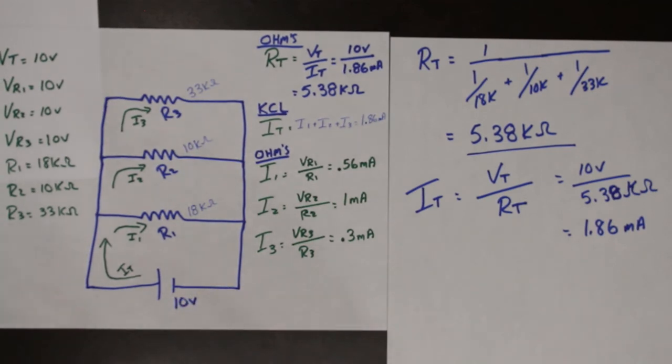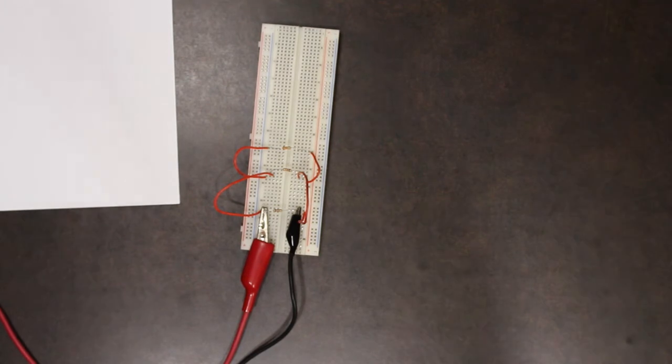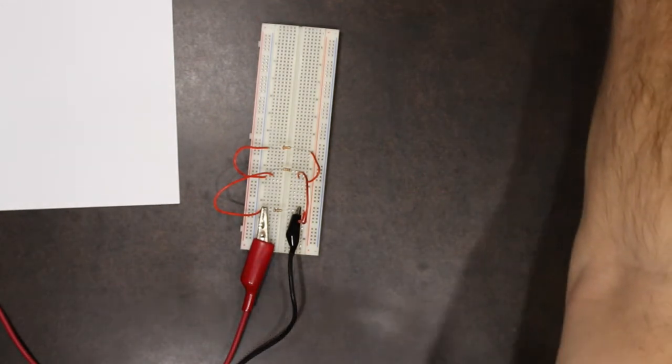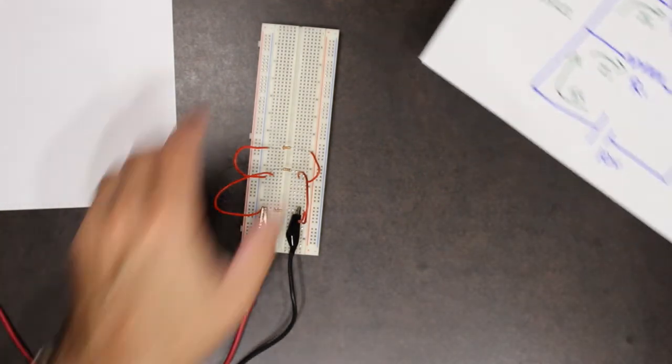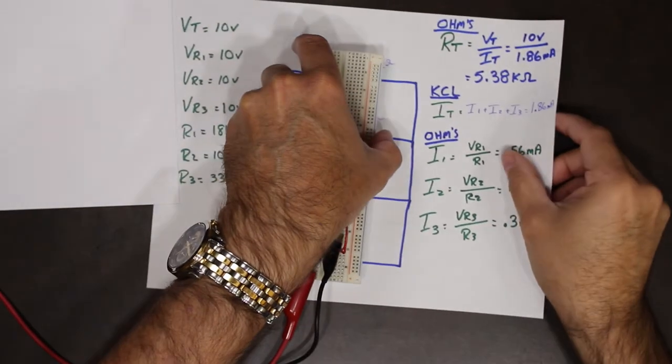So now that we've got this done, we've got the circuit built, let's perform some measurements and see if we can actually prove this to be true. Okay, here we go. So here is our circuit.